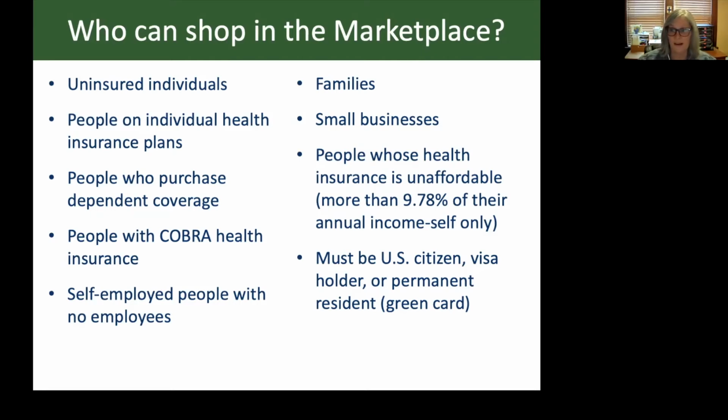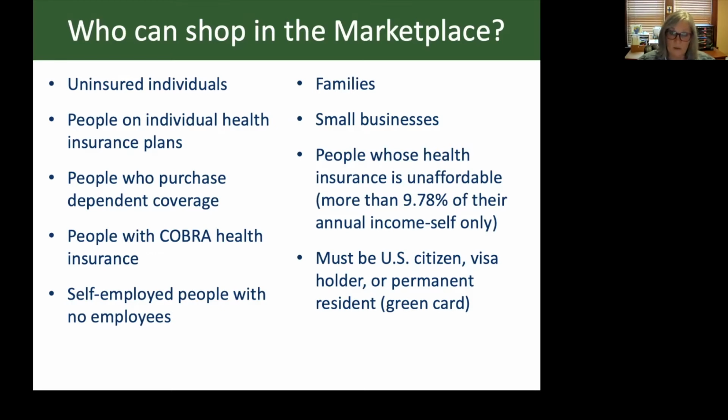COBRA, that's the program that can extend your employer-based health insurance once you're no longer employed anymore, but it can be very expensive because under COBRA, you are now paying your part of the premium for your health insurance, your monthly premium, plus your employer's part of the monthly premium. So it can get very expensive. If you have COBRA, we really encourage you to check out the marketplace.